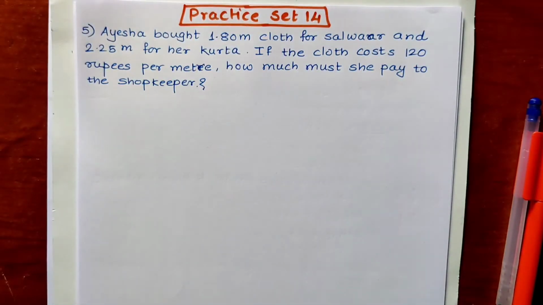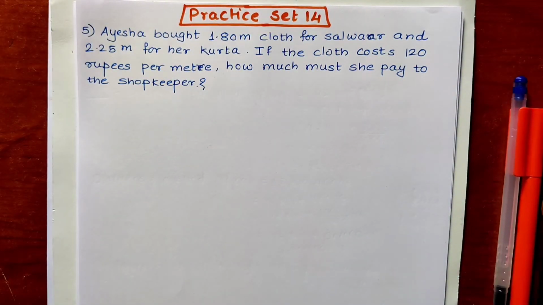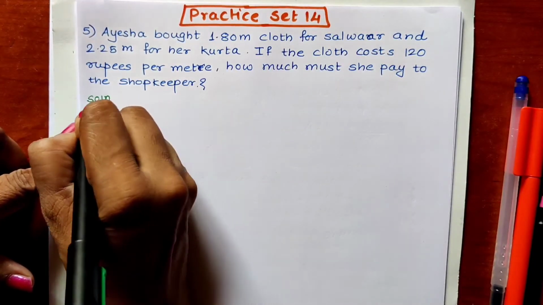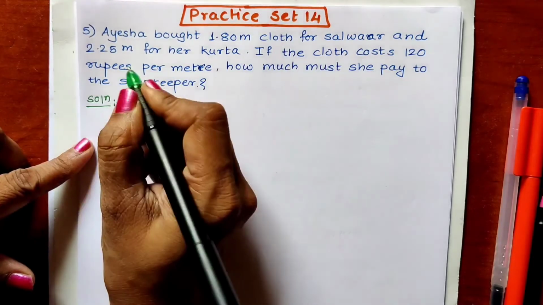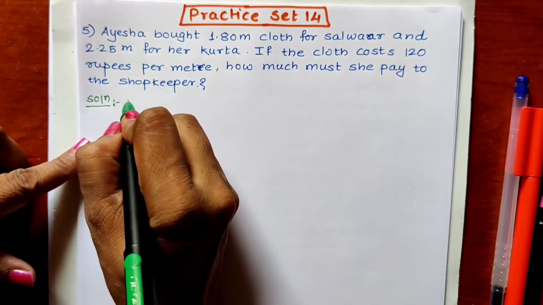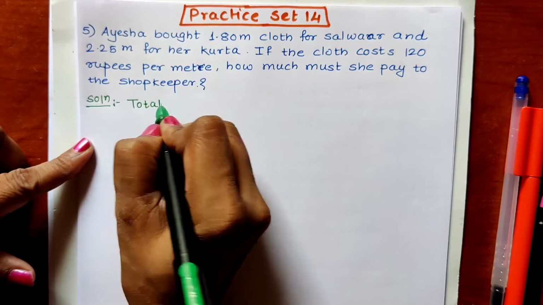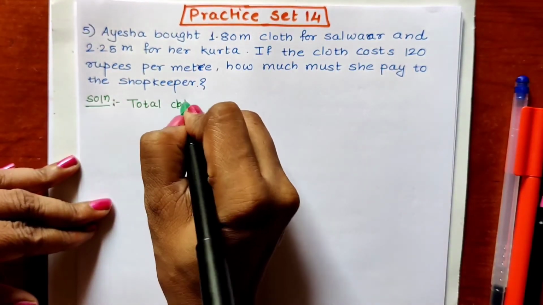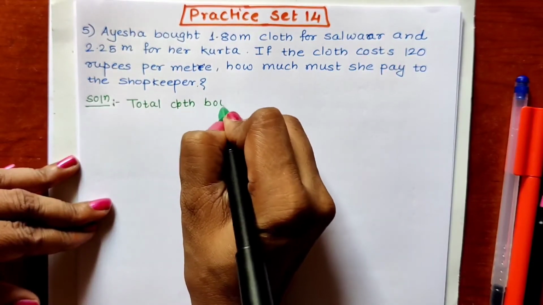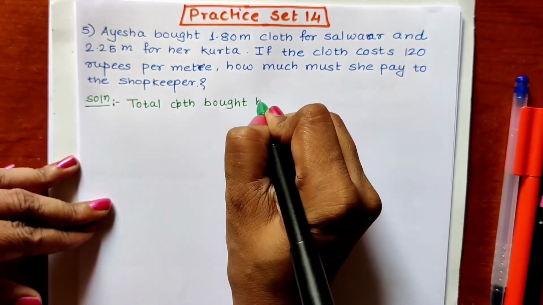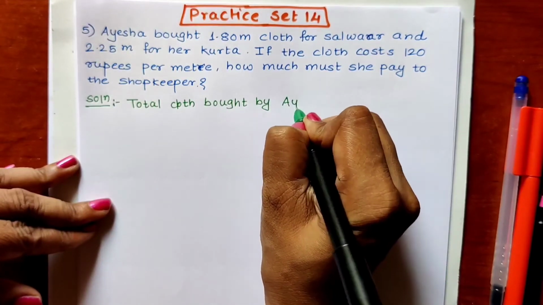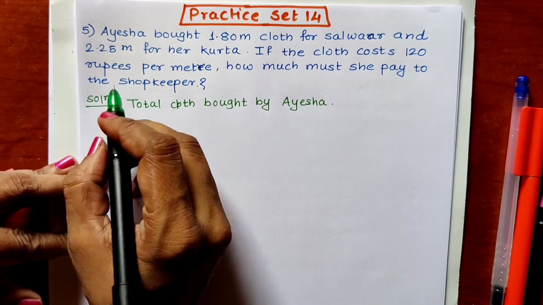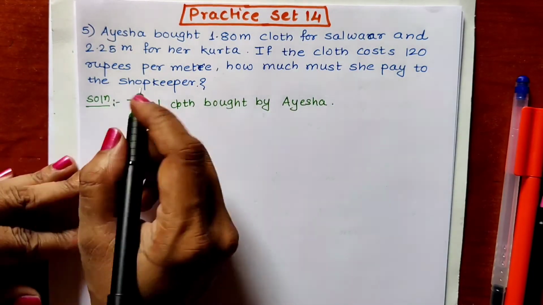Let us see. Solution we write total cloth bought by Aisha. How much total cloth she bought? She bought cloth for salwar and cloth for kurta.